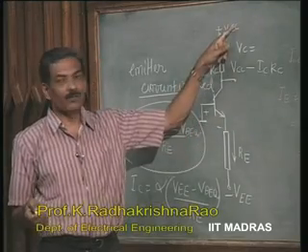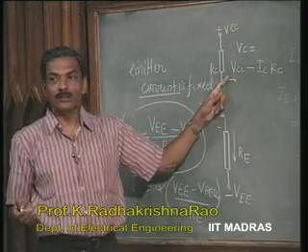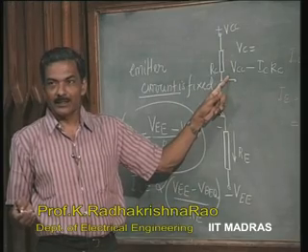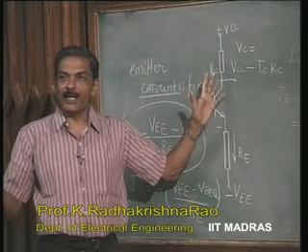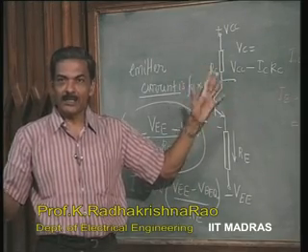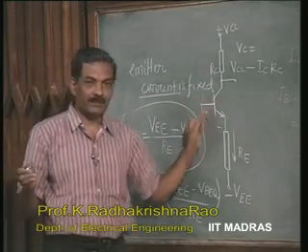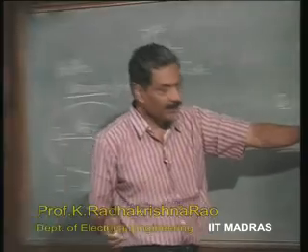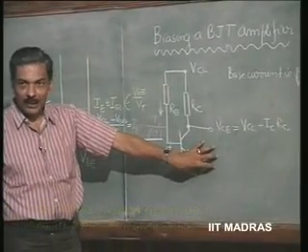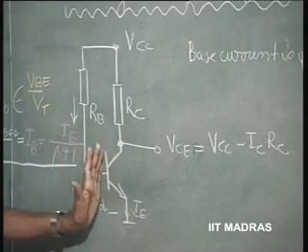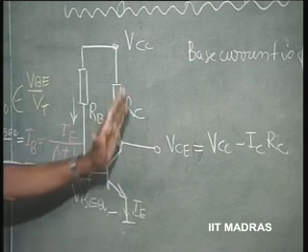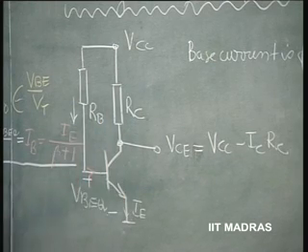For a supply voltage of 10 volts and RC equal to, let us say, 5K, it is going to remain the same; the reverse bias and the collector current essentially remain the same irrespective of the transistor, whereas that is not the case with this arrangement of biasing, where the base current is fixed. So this is a bad way of biasing, this is a good way of biasing.